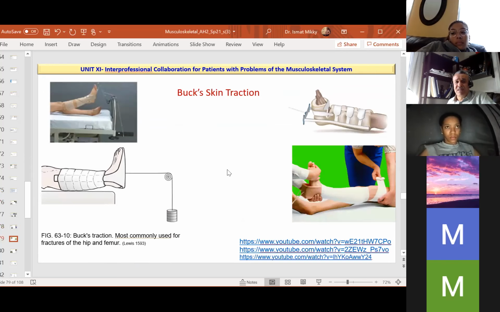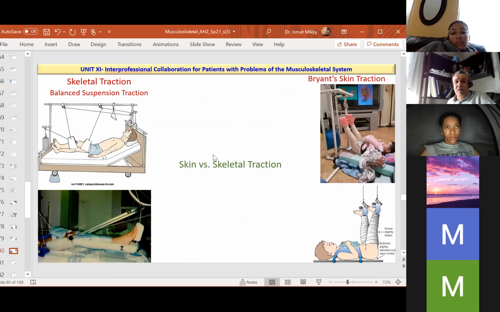For the skeletal traction, there is a rod that is going to penetrate the bone, and then rope, pulley and weight to pull the fractured bone, to realign it, which means to reduce it, that's for reduction. That's also called skeletal traction. So skin versus skeletal traction.